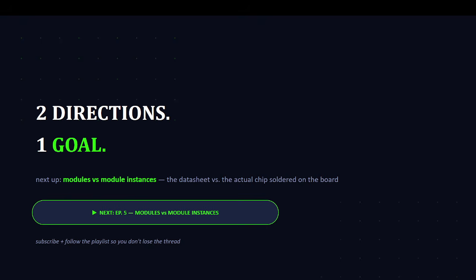Next episode, we are tackling something that trips up literally everyone the first time they see it in Verilog: the difference between a module and a module instance. Quick preview of the vibe. A module is like a chip datasheet. It describes what an AND gate does, but it doesn't physically exist yet.